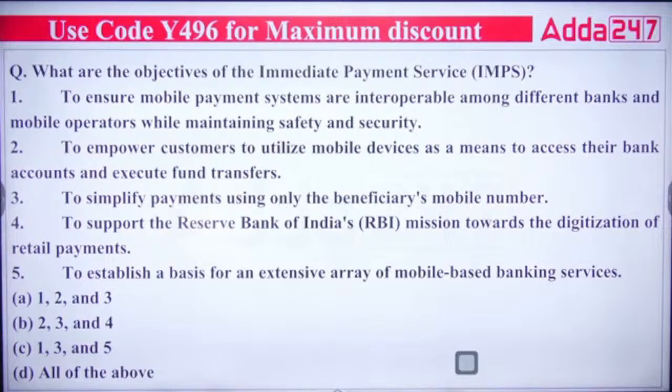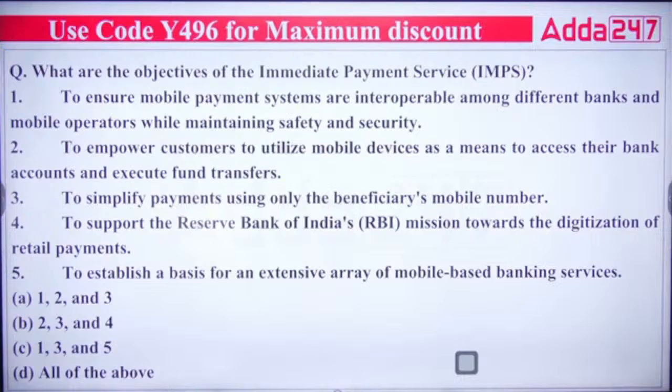Third is saying to simplify payments using only the beneficiary's mobile number. Fourth is saying to support the Reserve Bank of India mission towards the digitalization of retail payment. Fifth is saying to establish a basis for an extensive array of mobile-based banking services. So what do you think? Which of the following is correct here?